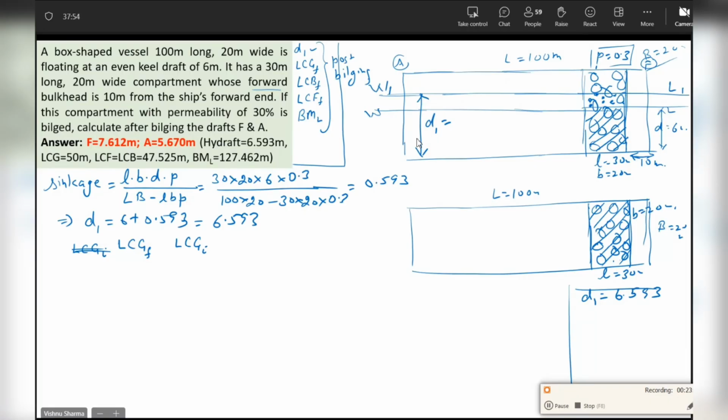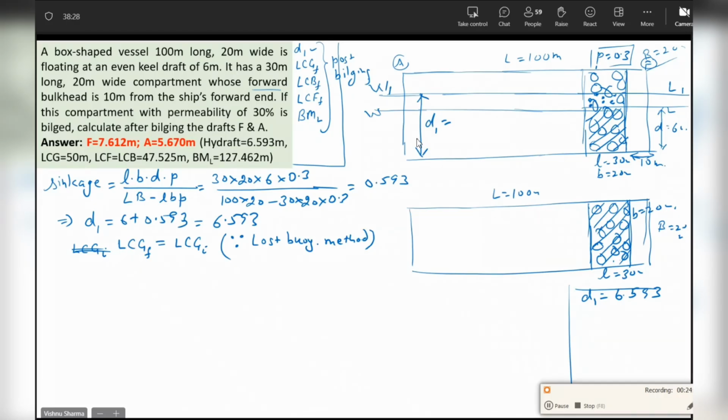Are we using added weight method, beta? No, sir. So then, if till yesterday the G did not shift, if G does not shift, why will LCG change? LCG would not change, correct? Yes, sir. So LCG final will be LCG initial. I am giving the reason here in my working: lost buoyancy method. Correct, beta?